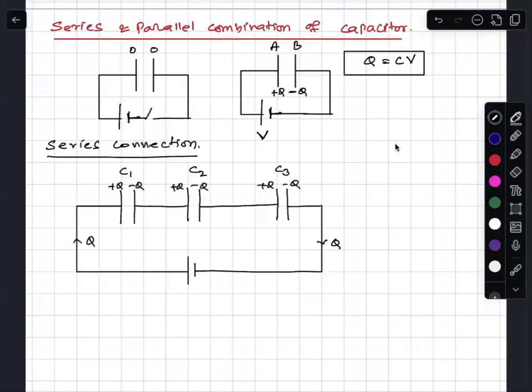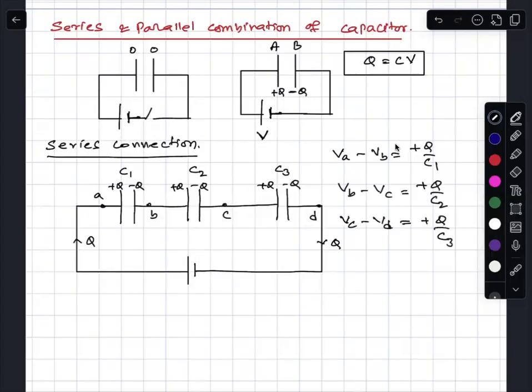Since they are different capacitors, with points A, B, C, D, VA minus VB becomes Q by C1. Yes or no? Now, VB minus VC becomes Q by C2. VC minus VD is Q by C3. Now you take the summation.